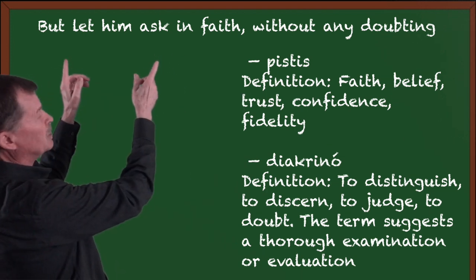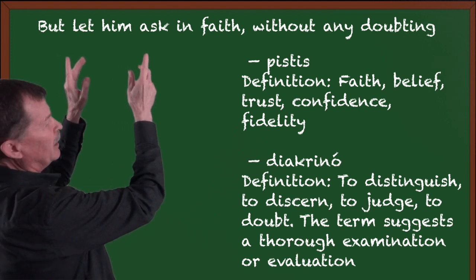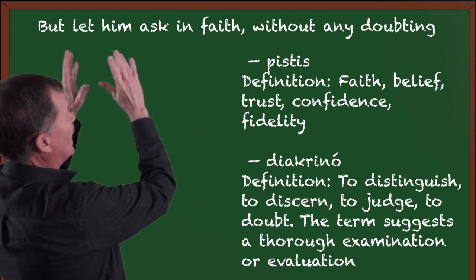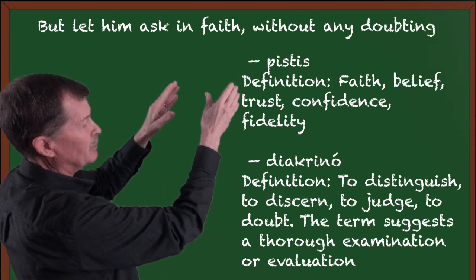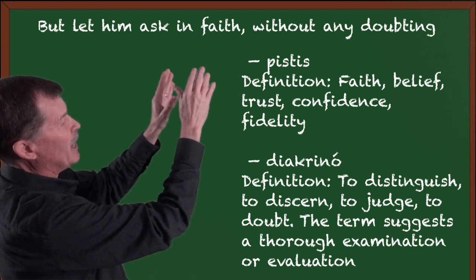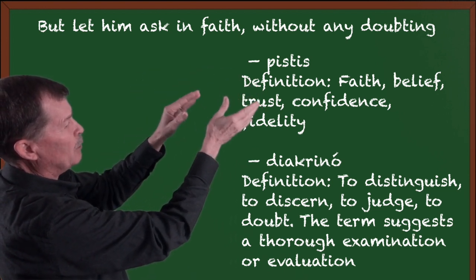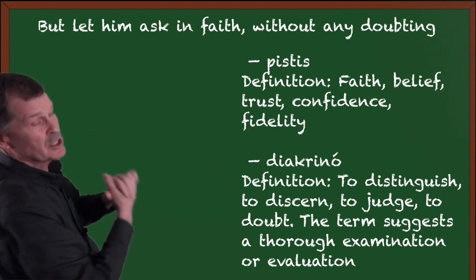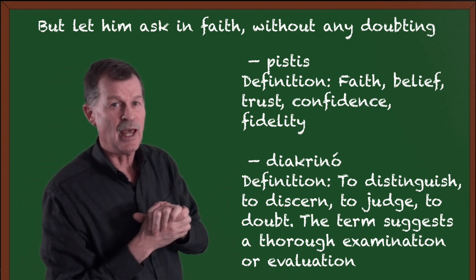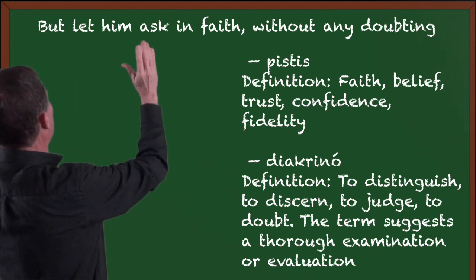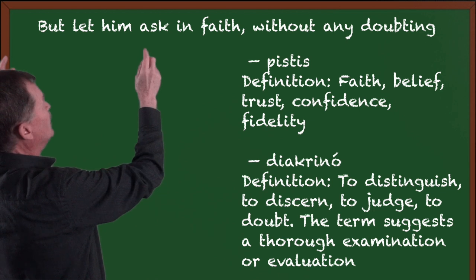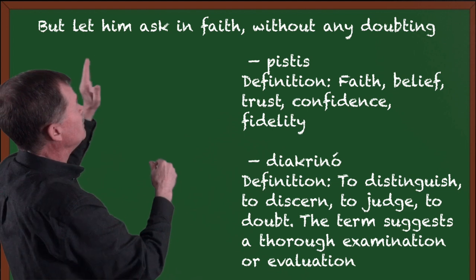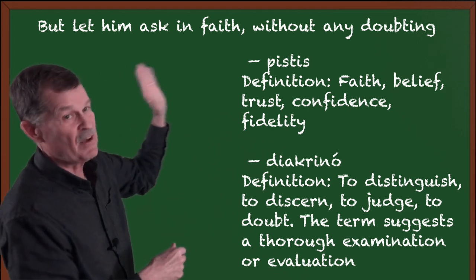Let him ask with the conviction of trust and confidence, without discerning, without judging, without doubting, without examining, without evaluation. Is that what that means? Is James then promoting the fact that, one, we ask for wisdom, but let me ask by faith?